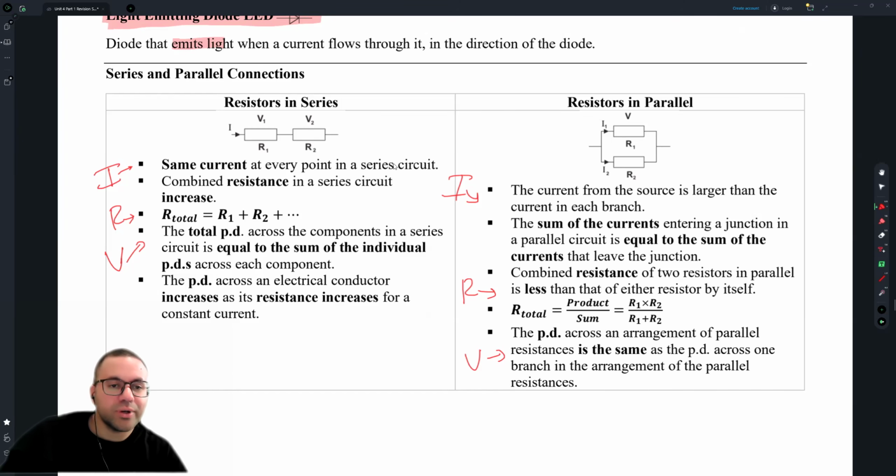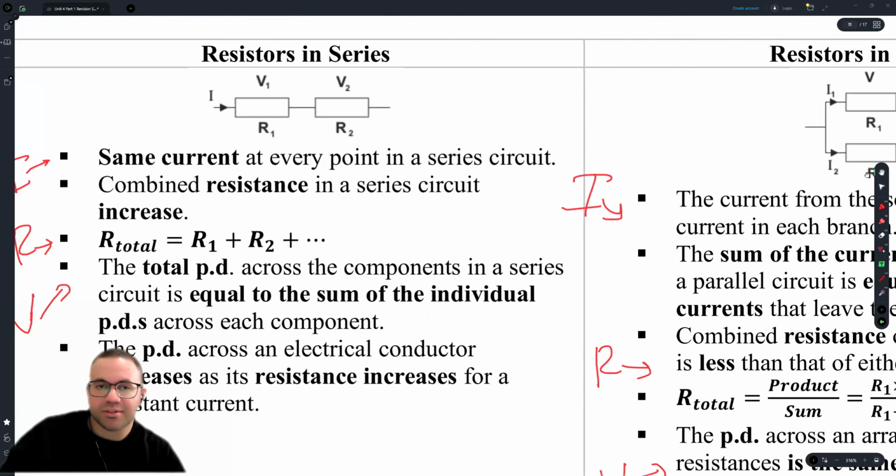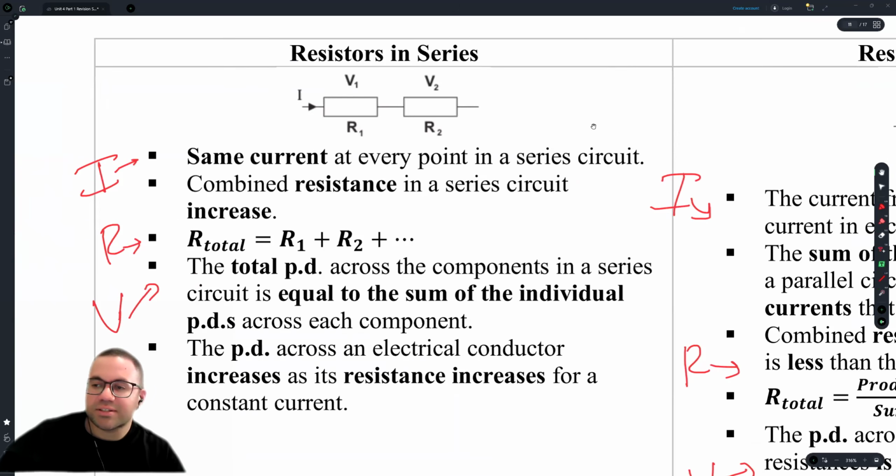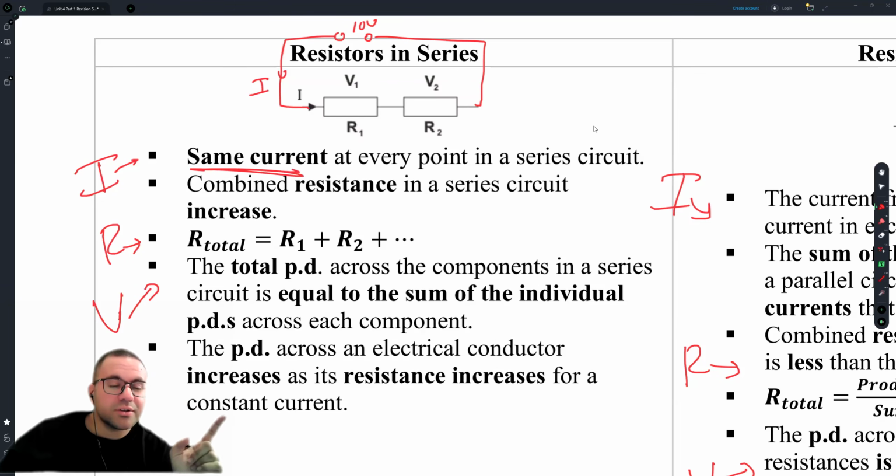So starting off with series connections. A series connection means you connect the two resistors along the same wire. So if I were to connect them to, let's say, a 10-volt supply, and there's a current I going through it, number one, the current is the same. You have the same current going through both because it's only one wire.